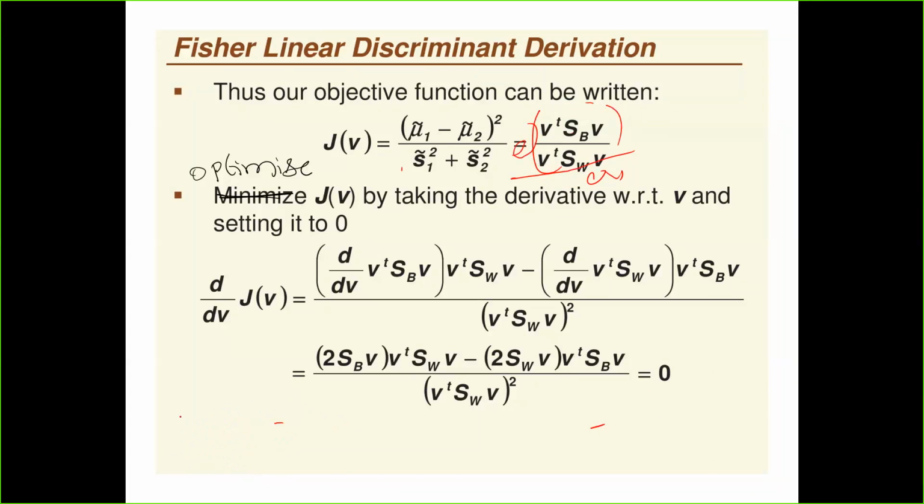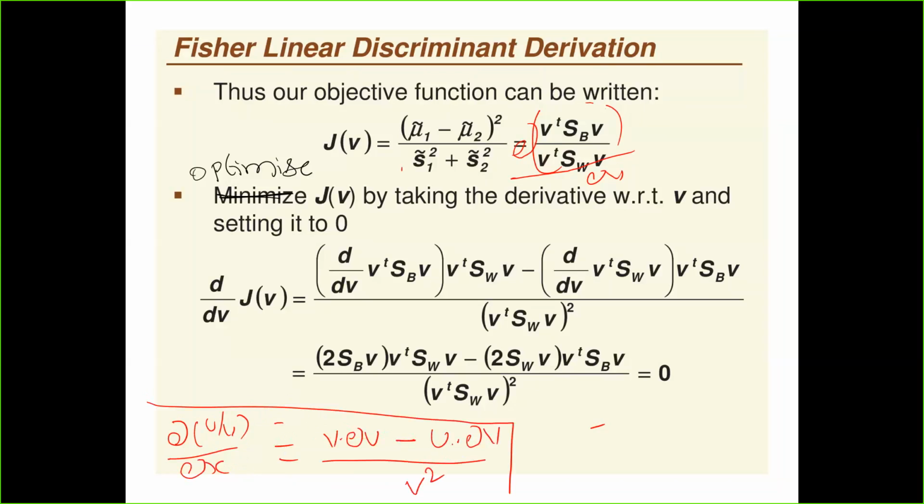Okay. So do you remember what is the derivative of u by v with respect to x? Formula: v times derivative of u minus u times derivative of v divided by v square. Am I right? Isn't it the formula? Yes. So now apply the formula for this. What is v? What is u in this? V is this and u is this. Don't confuse between this v and that v.